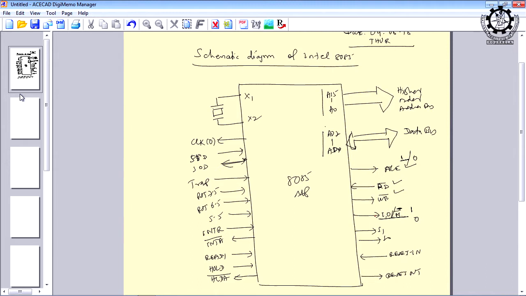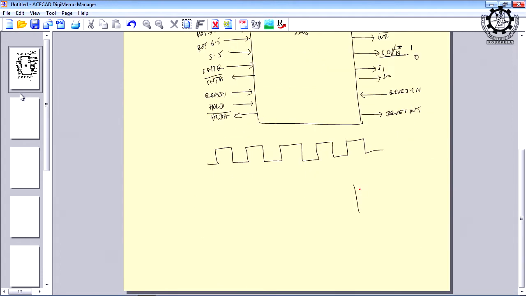So, by using these 3 signals, I can get 8 combinations, but I need only 4 combinations for memory read, memory write, IO read and IO write operations. These 4 signals I can generate by using a decoder. Just simply connect these 3 signals to a decoder and I can get 8 outputs. Out of these 8 outputs, I have to select 1 out of 8 at a time, and one signal must be memory read.